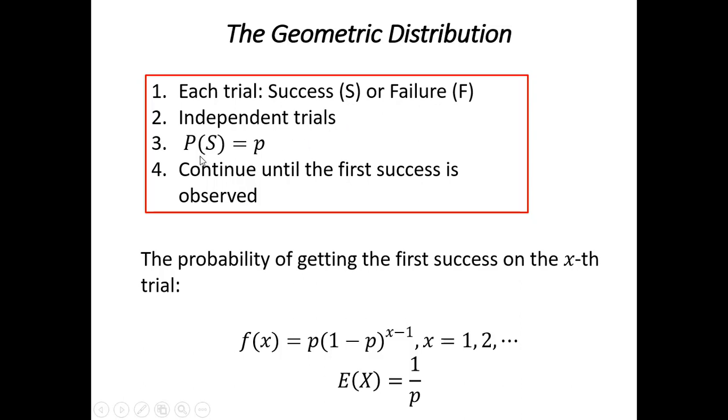The probability of a success is P, but now the idea is we continue until the first success occurs. So this probability distribution function is simply P times 1 minus P to the x minus 1. And here we have an E of x. Expected value of x is 1 over P.